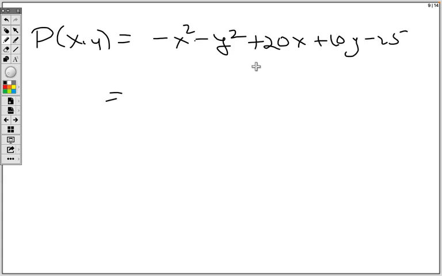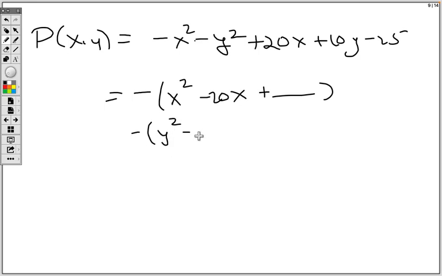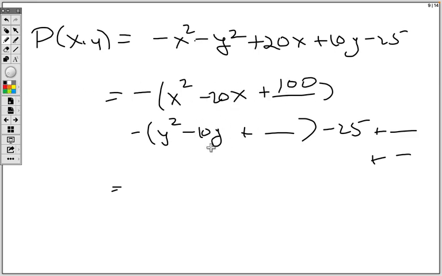So if you did want to complete the square in general here, you could factor out a negative leading coefficient from the x squared and the y squared. Cut this in half and square it, there's your 100. Cut this in half and square it, there's your 25.